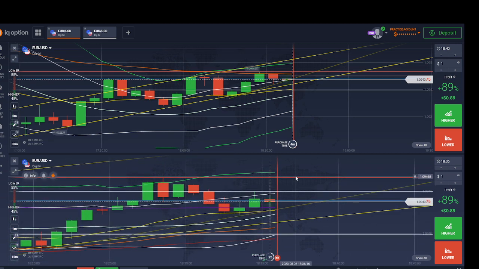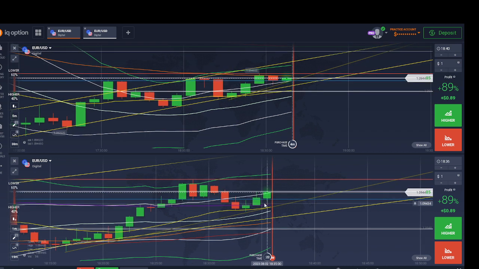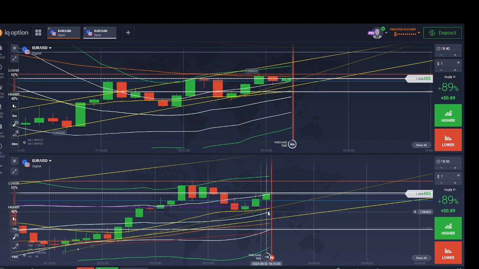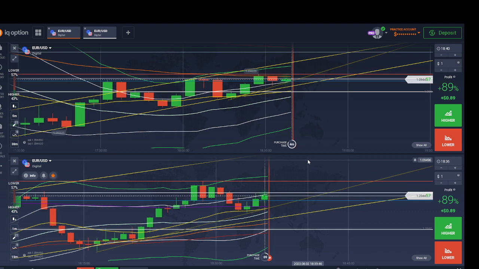Now this one is saying that I'm stuck between two key levels, the 50 level and this level. 20 EMA is above this. I would say there is a gap left to reach one deviation.